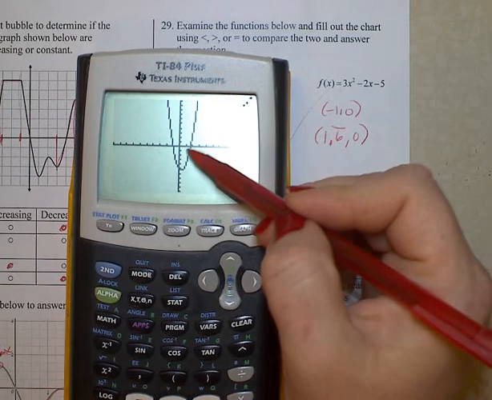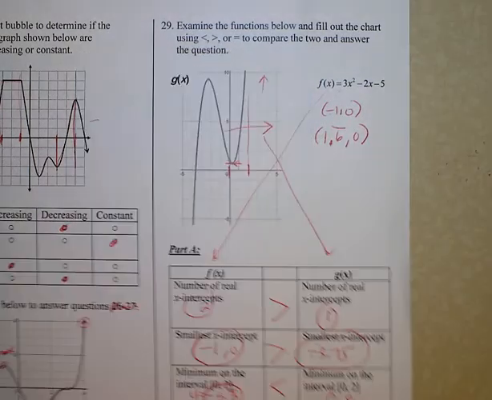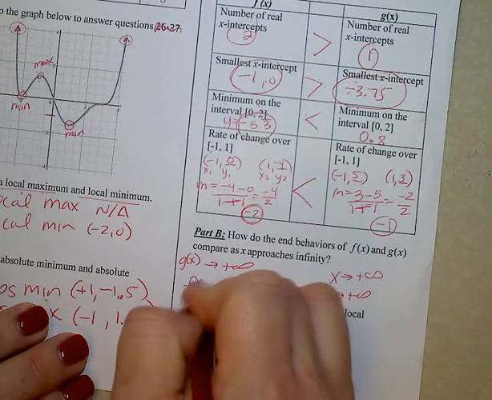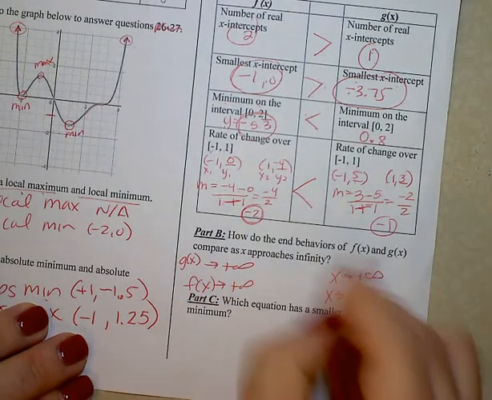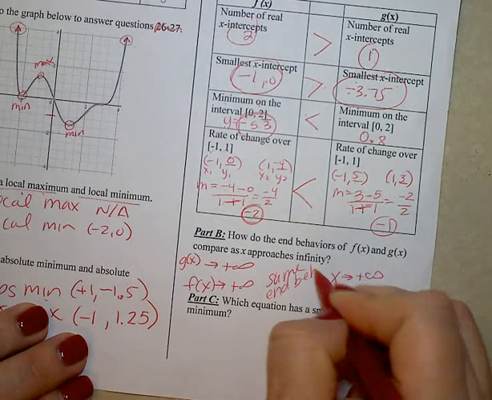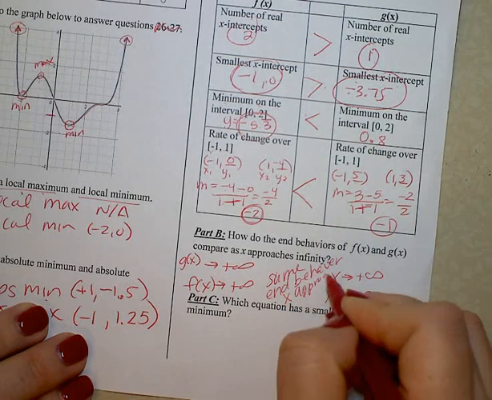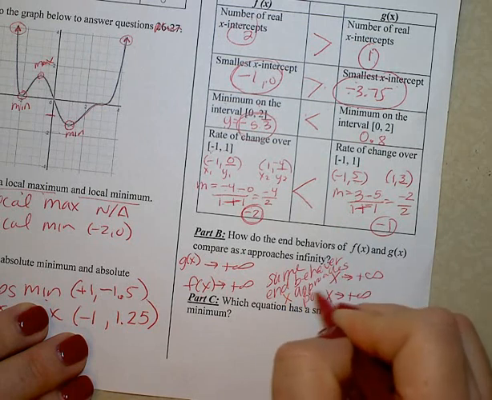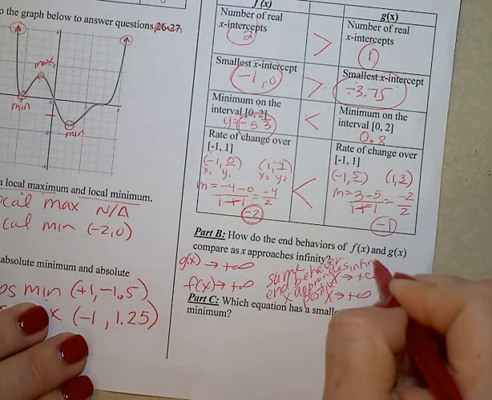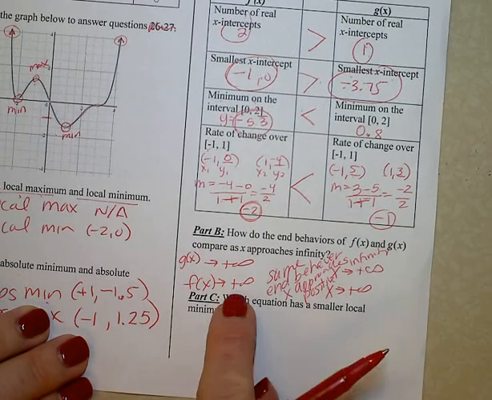And as x goes to positive infinity, f of x is also headed to positive infinity. So we can see they have the same end behavior as x approaches positive infinity. So in both cases, as you go to the far right, both functions are headed up.